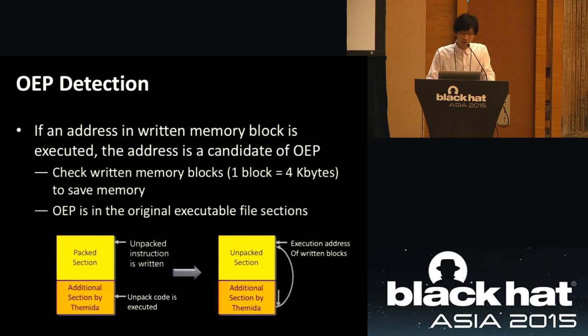It changes code again and again, so that algorithm does not work. So I used some heuristics, and I thought that the last executed address that was written is the OEP.